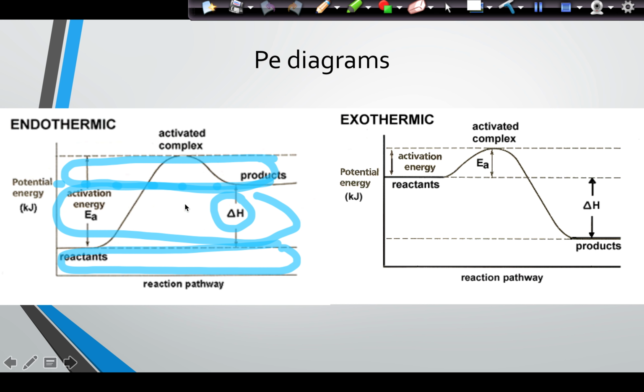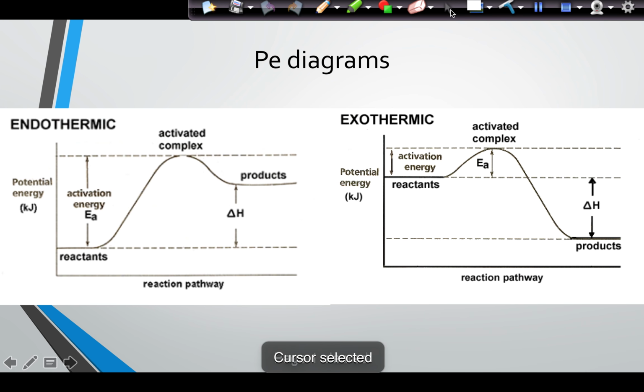So bun, bun, hamburger. The delta hamburger is the delta H value, which is also known as the heat of reaction. For an endothermic reaction, that heat is taken in on the reactant side. For an exothermic reaction, that heat is given off on the product side.